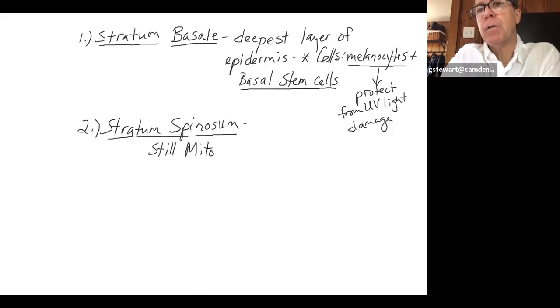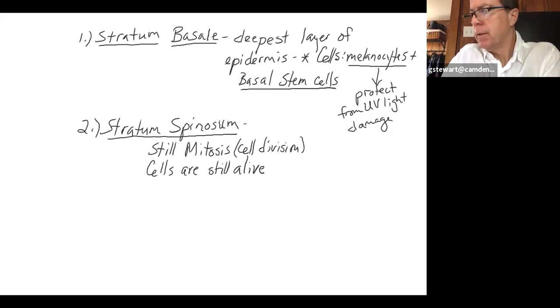There is still mitosis going on, that means cellular division, or new cells being made, in this layer. Cells are still alive. In this layer, they're still living, and they're still receiving nutrition from the dermis. But there's no new cell types to learn in this layer per se.